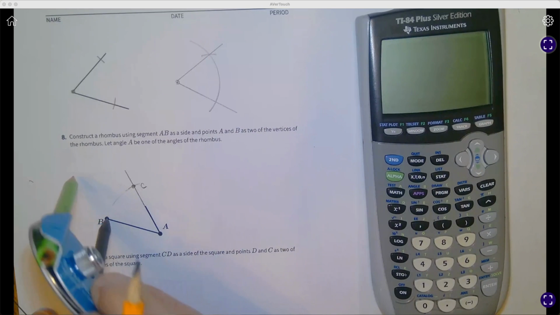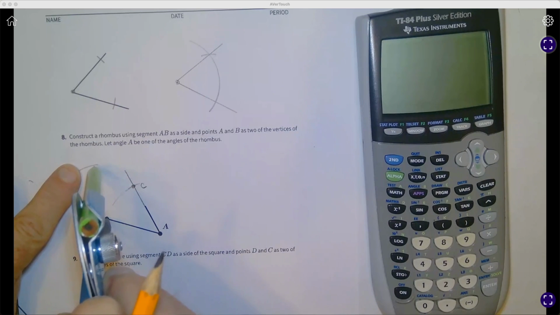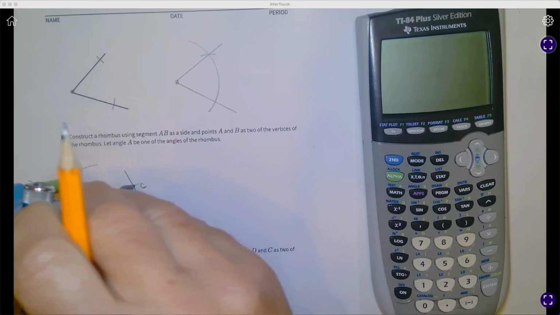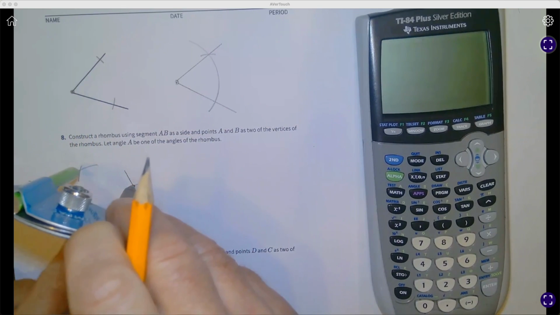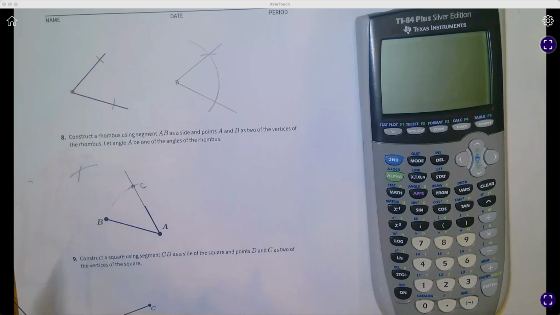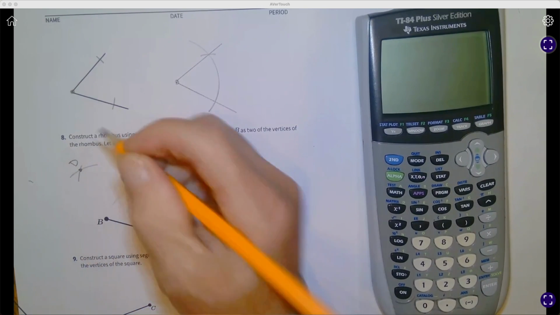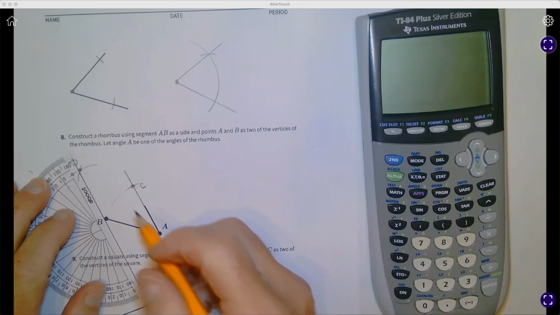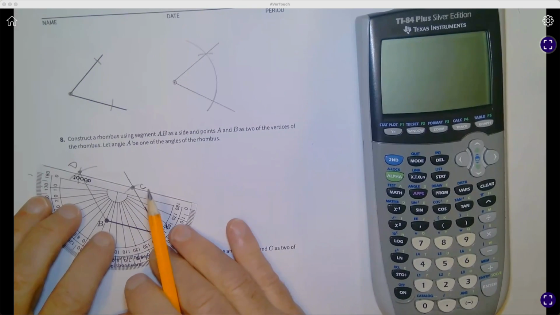I know that this side length from B to, I'll call it point D when I'm done with it, and this side length from C to D has got to be the same. So where these radiuses of these two circles intersect, that would be vertex D. Boom. Now I connect B to D. All right, yeah. And then I connect C to D.